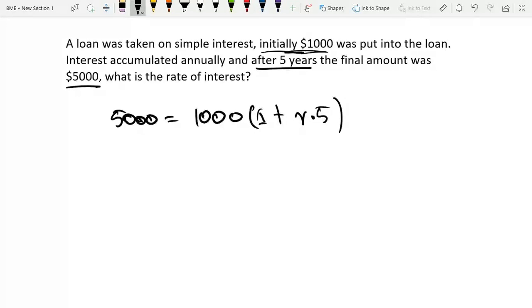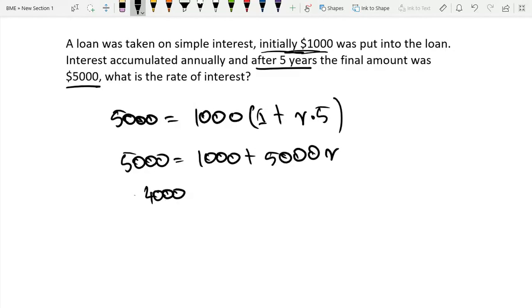So I can simplify this equation to 5,000 equals 1,000 plus 1,000 times 5 times r, so I'll just write this as 5,000 times our rate. Now I subtract 1,000 from both sides, and I get 4,000 equals 5,000 times our rate.